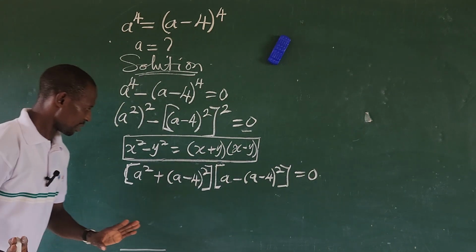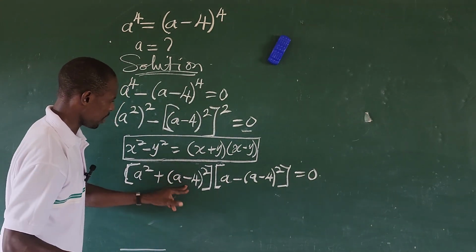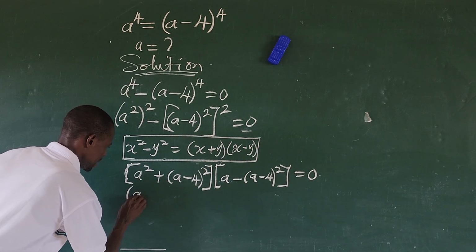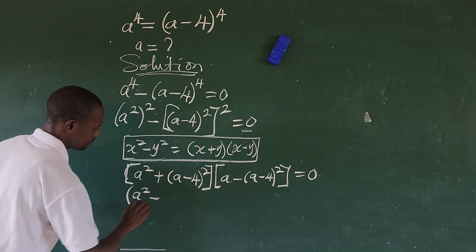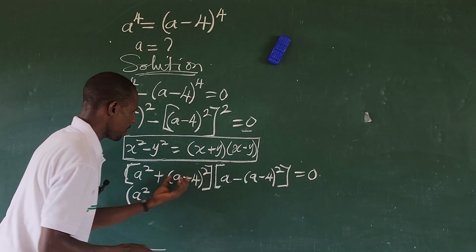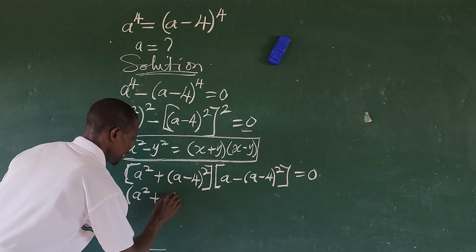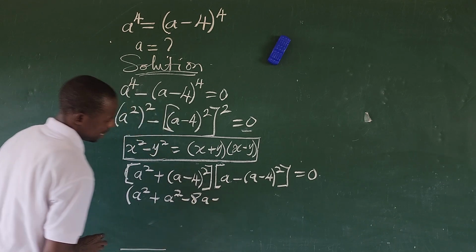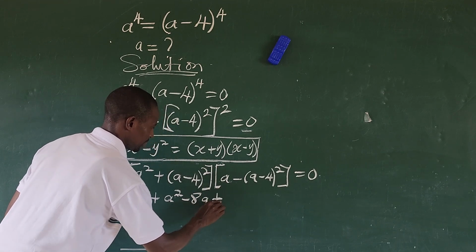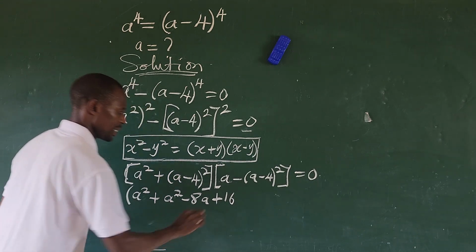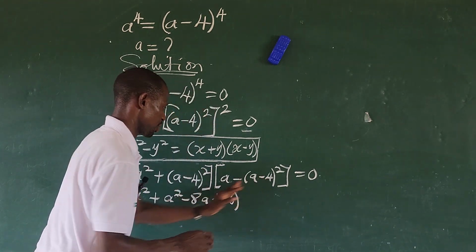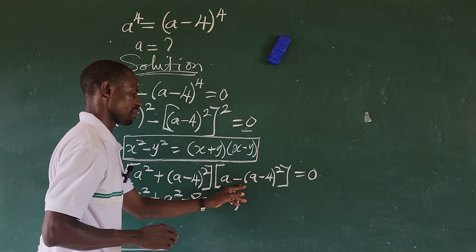I hope we get something here. So all we need to do is to open this up. This will now give us (a squared plus, if we open up this, a squared minus 8a plus 16). Then we equally open up the other one, using the minus to open it.